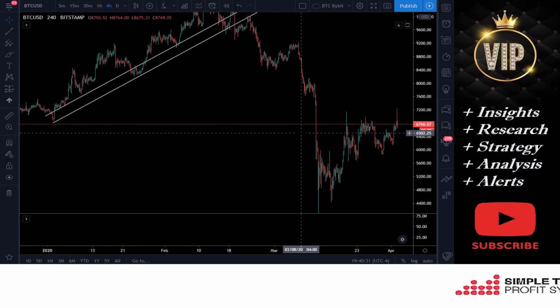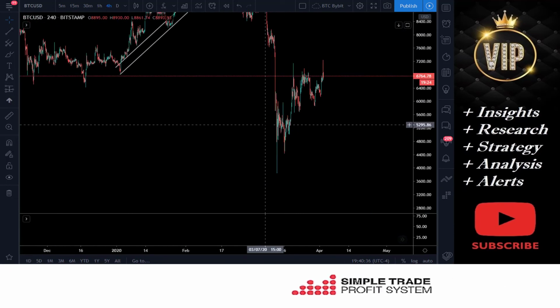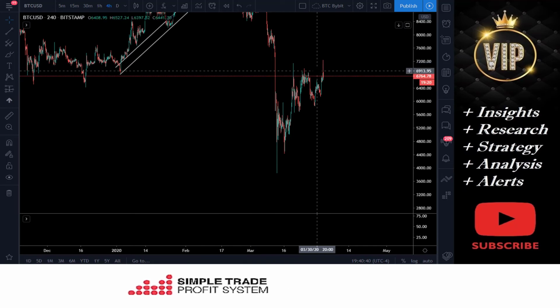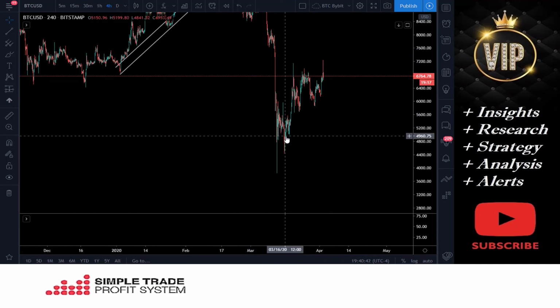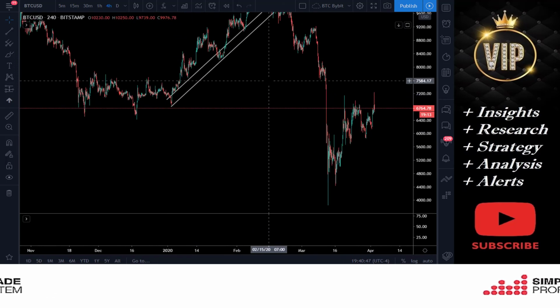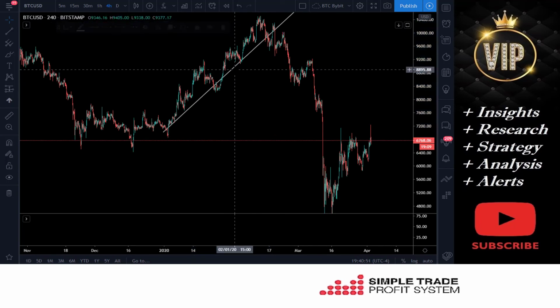Perfect example, the same one that I just showed you over here, the downtrend line, it broke out of this trend line and continued to the upside. So those are 3 ways you guys can trade these.